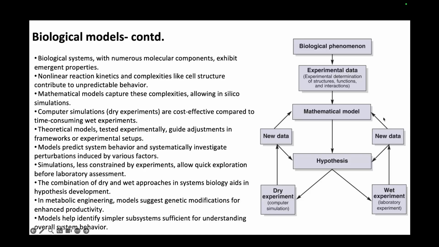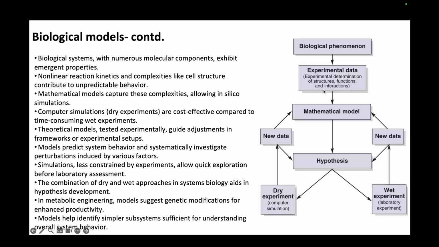This is a workflow that is followed for systems biology studies, or the mathematical study of biological systems. You have a biological phenomenon, which can be a disease, a particular phenotype, or something else. And you have some experimental data to validate it.